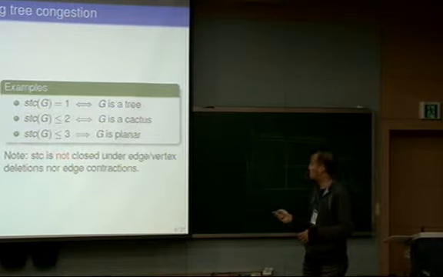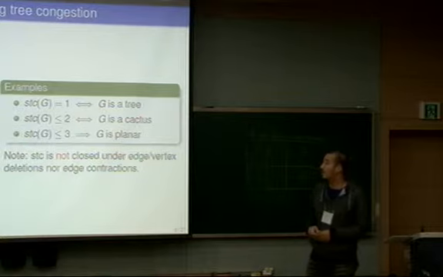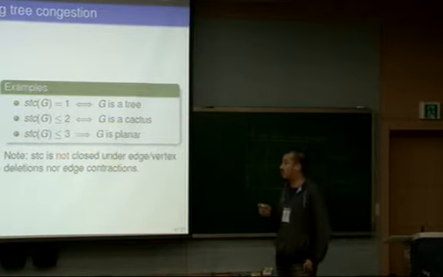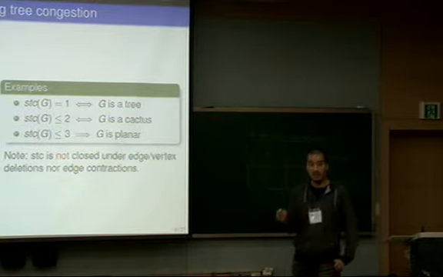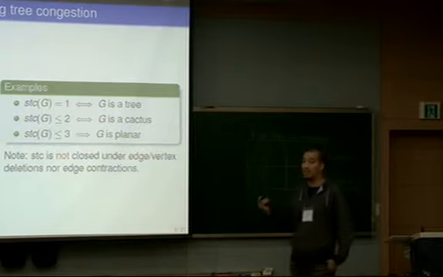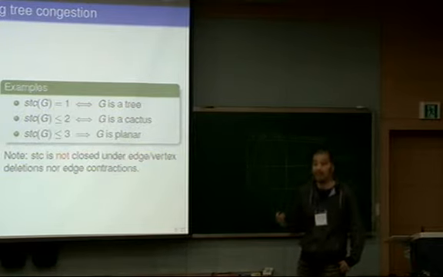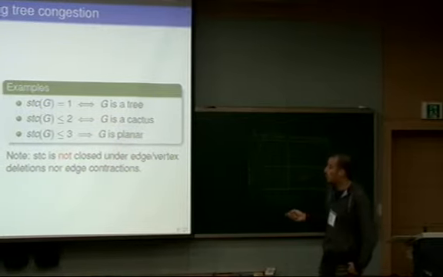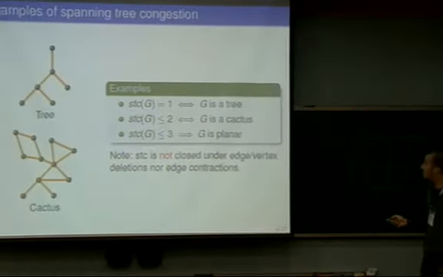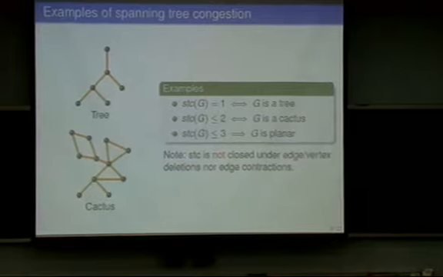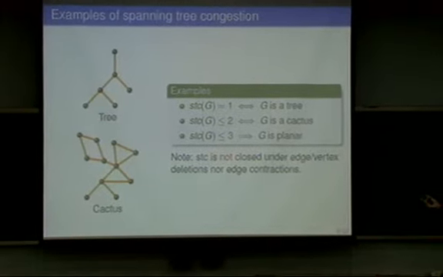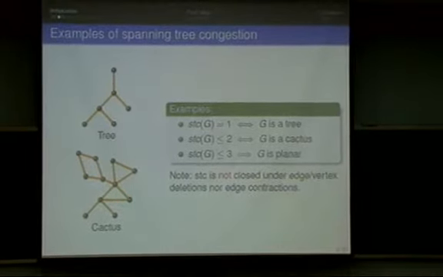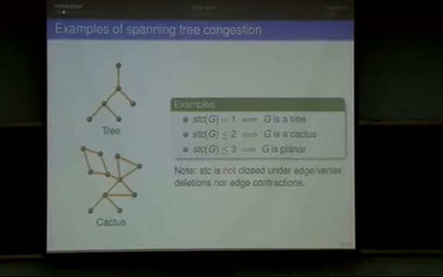And this one is more interesting: if the graph has spanning tree congestion at most 3, then it should be planar. Also note that this parameter is not closed under any minor operations.